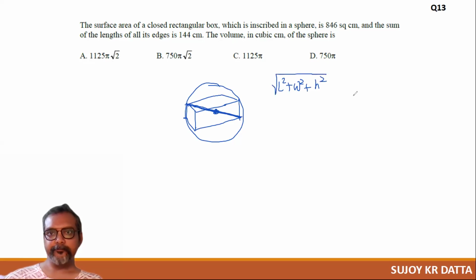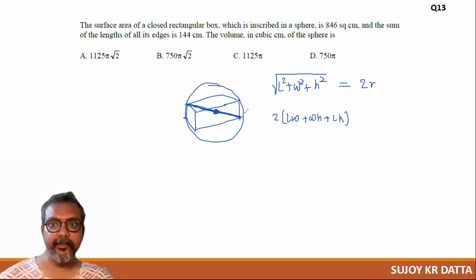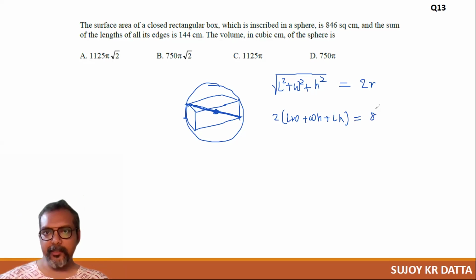This body diagonal will be 2 times the radius of the sphere. That's point number 1. Now, what is given here? The surface area. So surface area will be 2 times length width, 2 times width height, 2 times length height, because there will be 6 faces. That is your 846.